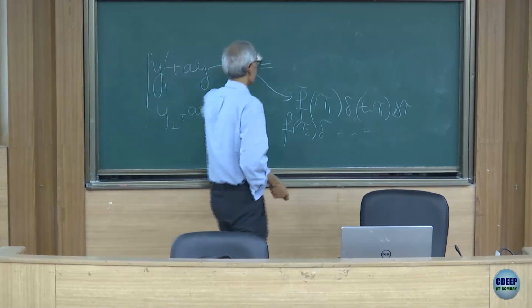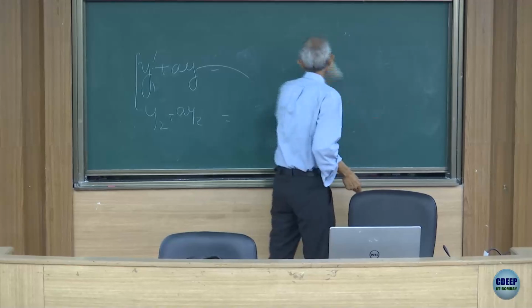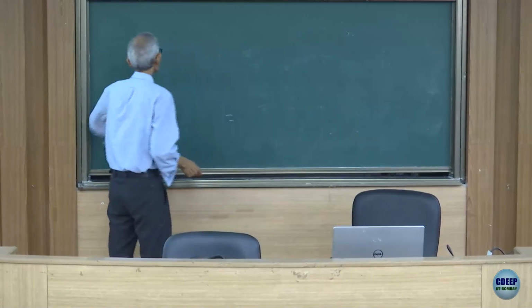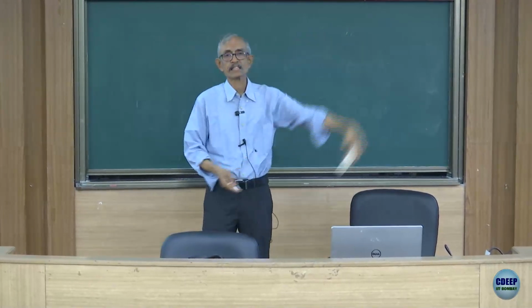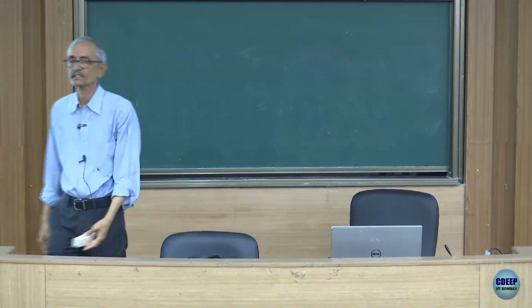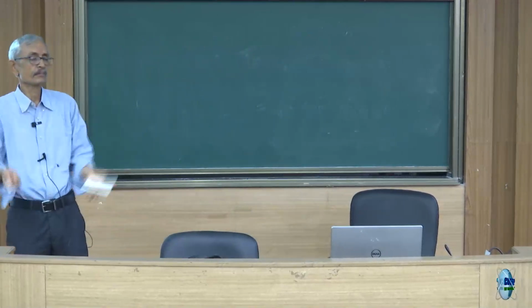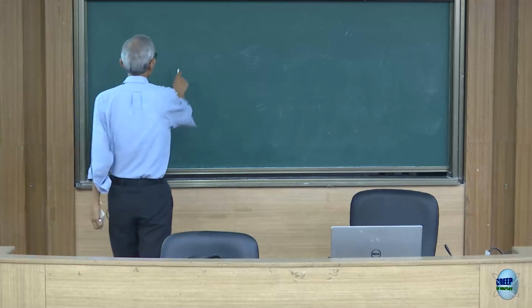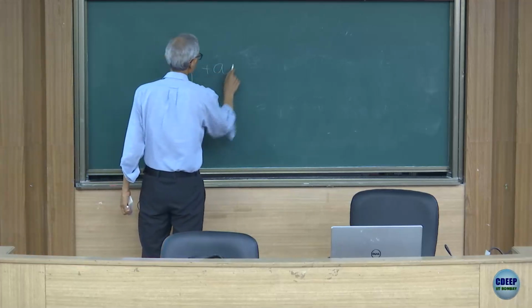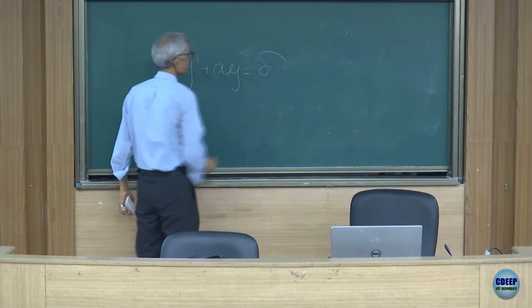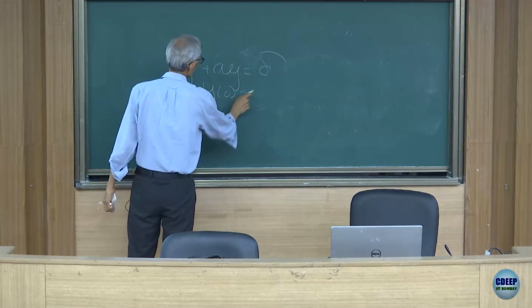And now we already know the solution for each of these guys, because we have already obtained the solution for y prime plus ay is equal to delta, y0 equal to 0.